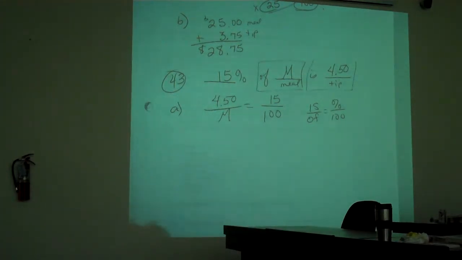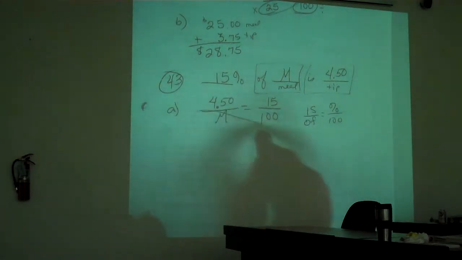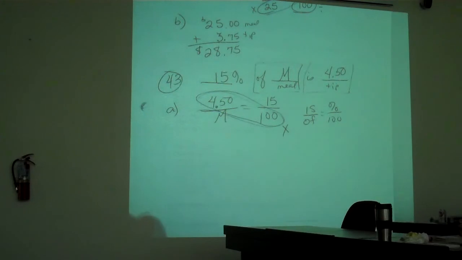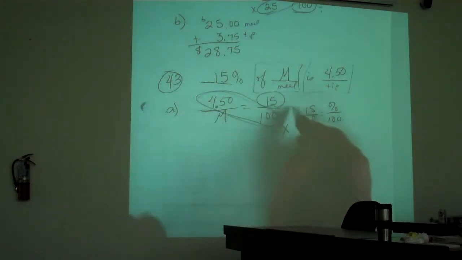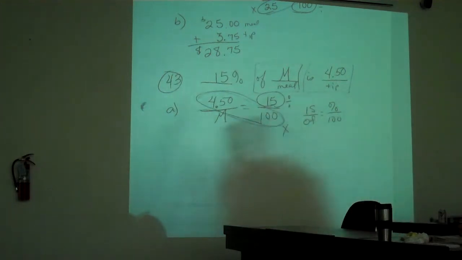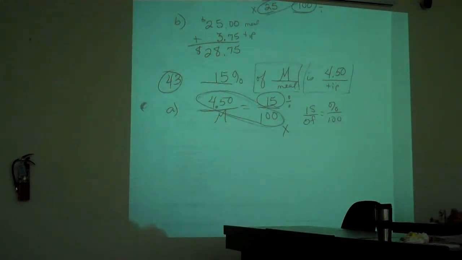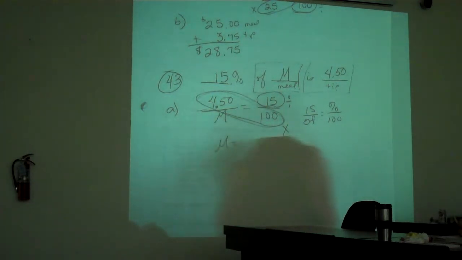Okay. Which numbers are we going to multiply? The ones that are across from each other. 450 times 100. Multiply those. And what do you do to 15? Divide. So 450 times 100 is 45,000. Divide that by 15. 30. So the meal was $30.